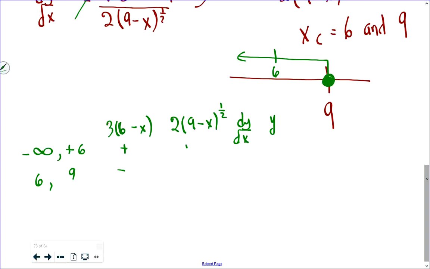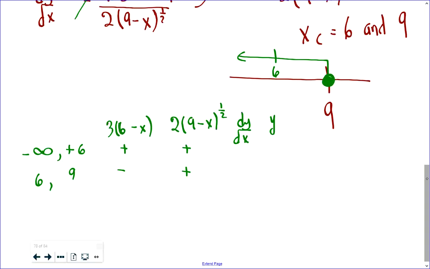This is always positive simply by virtue of the fact that the exponent of a half means take the principal square root. And some of you might say, well, maybe it's negative somewhere. No, it isn't, because we've already said 9 minus x must be greater than or equal to 0. Somebody could then say, well, maybe it's equal to 0 somewhere. Yeah, it is at 9, but 9 is not in this interval.